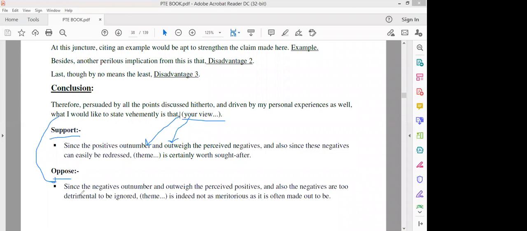Do not write both of them. Either you support that yes, it's advantageous to travel to foreign countries to pursue one's dreams, or it's disadvantageous because it's detrimental to immigrate to foreign countries to complete higher education or to work in these regions, which is indeed not as meritorious as it is often made out.